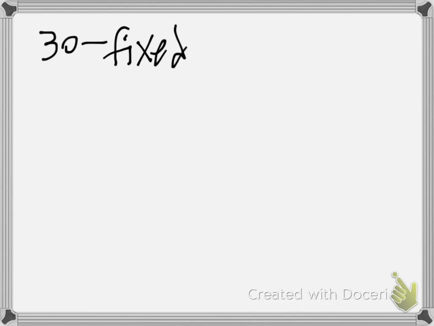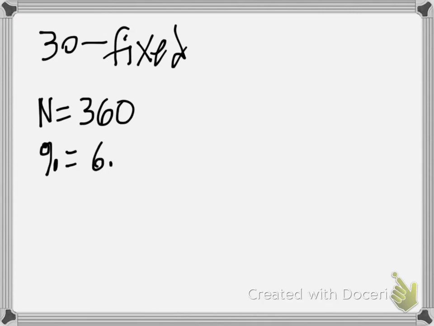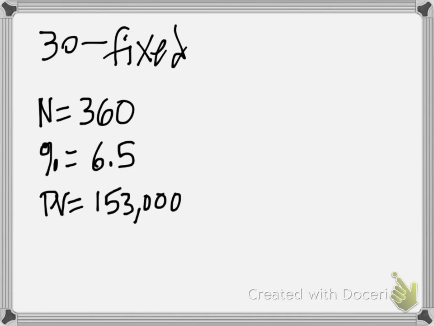Okay, so now we have to look at our 30-year fixed rate. We go back into the TVM solver, and it's 30 years times 12, so 360. The percent is our fixed rate at 6.5. Our starting value, or our loan, is $153,000. That's our mortgage, and we want to know what our payment's going to be.